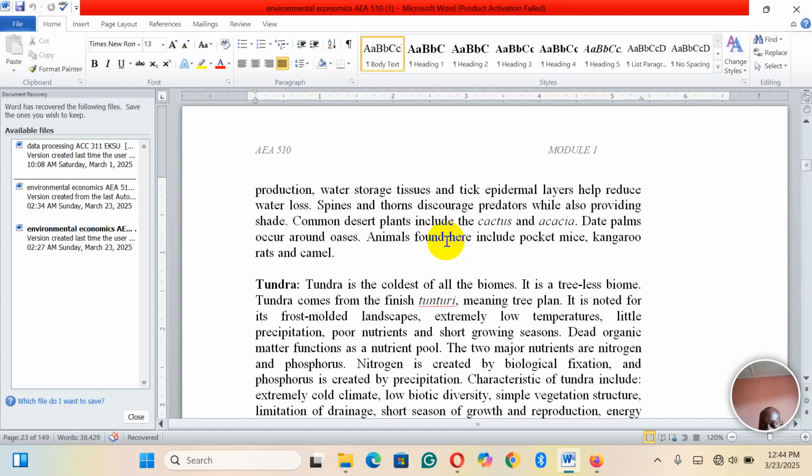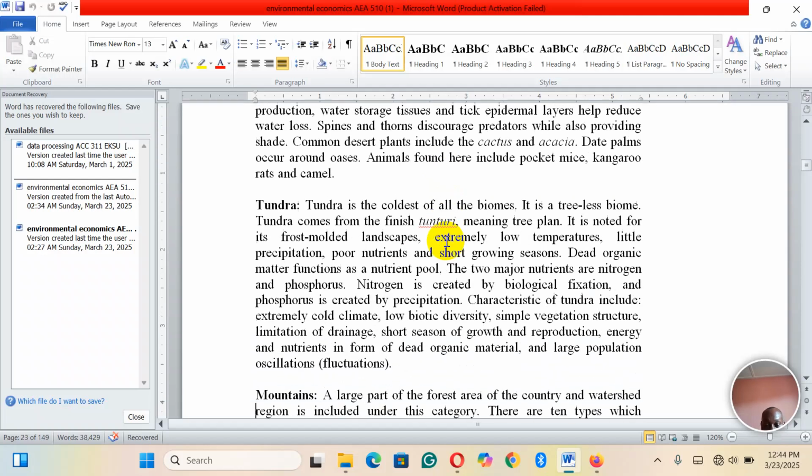So characteristics of the tundra include extremely cold climate, low biotic diversity, simple vegetation structure, limitation of drainage, short seasons of growth and reproduction, energy and nutrients in the form of dead organic materials, and large population oscillations and fluctuations.